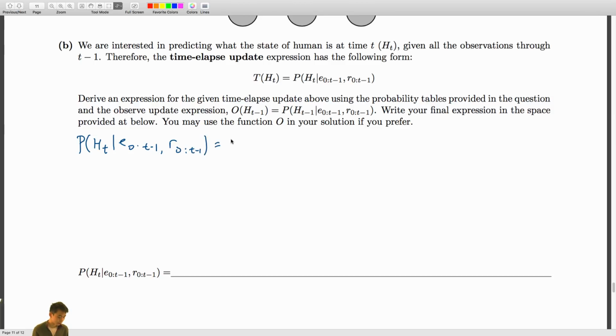And essentially, what we can calculate is a marginalization over all the past human actions. So this is h t minus 1, probability of h t minus 1 conditioned on all the past evidence.